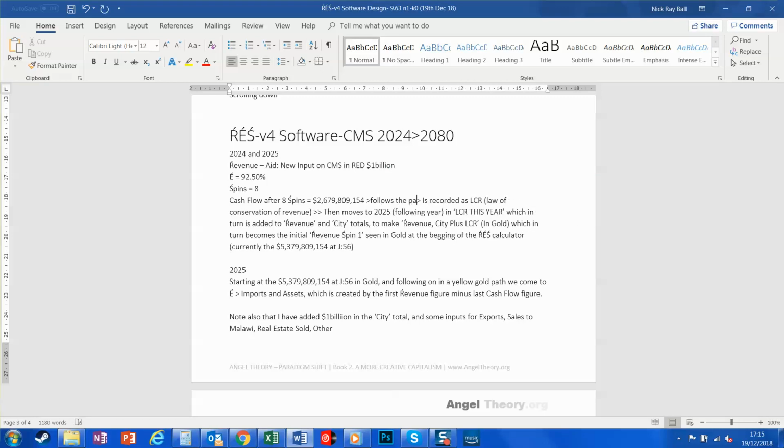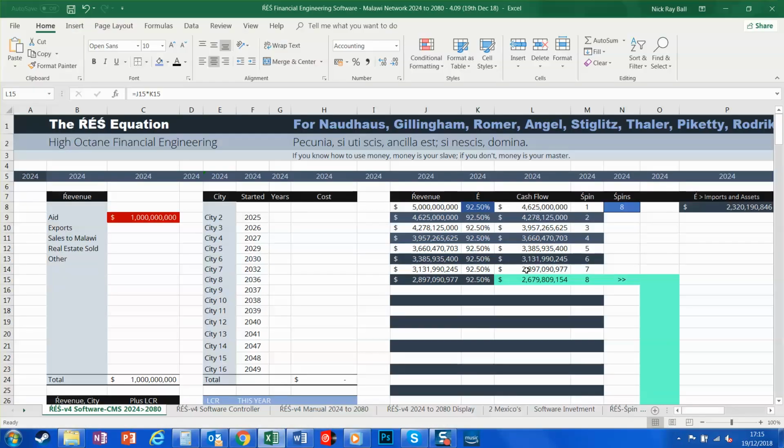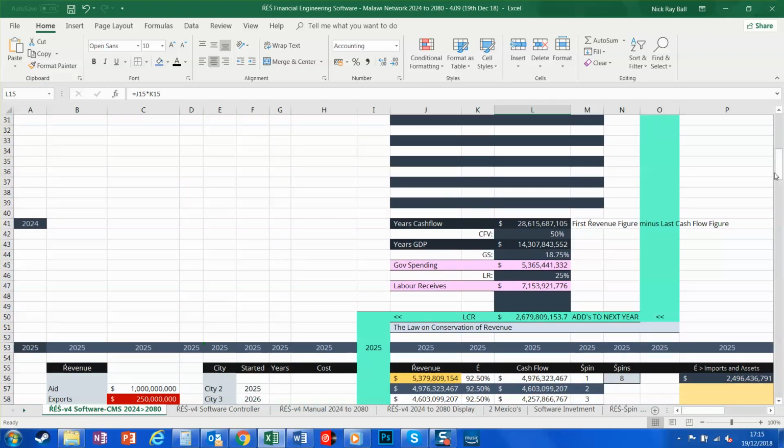It follows the path, and then is recorded as LRC, law of conservation of revenue, then moves to 2025 the following years in LCR this year. Let's just follow that. I've made it nice and simple. So we're just following that there, follow the green, and that ends up being there.